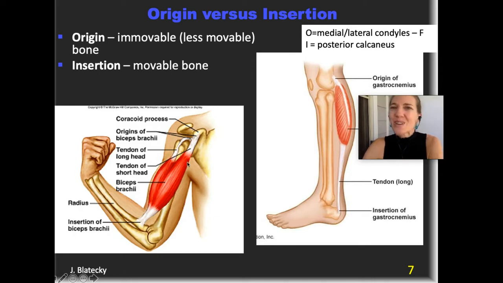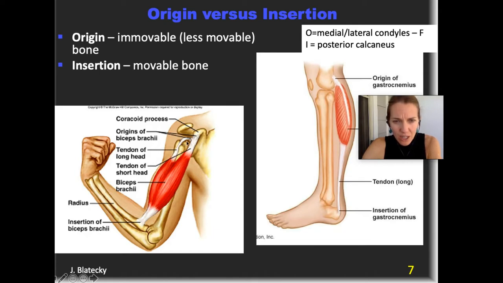You should be able to know the origin of both the short head as well as the long head of your biceps brachii. And just as an example to help you appreciate why we had you learn all of these different features in the skeletal system, here's the tendon of the short head of the bicep, and its origin is actually on the coracoid process of the scapula.